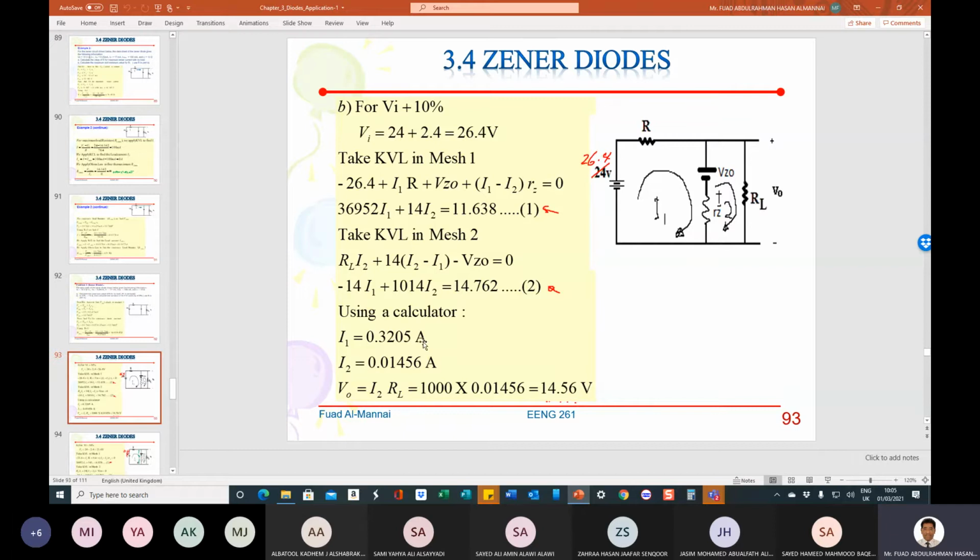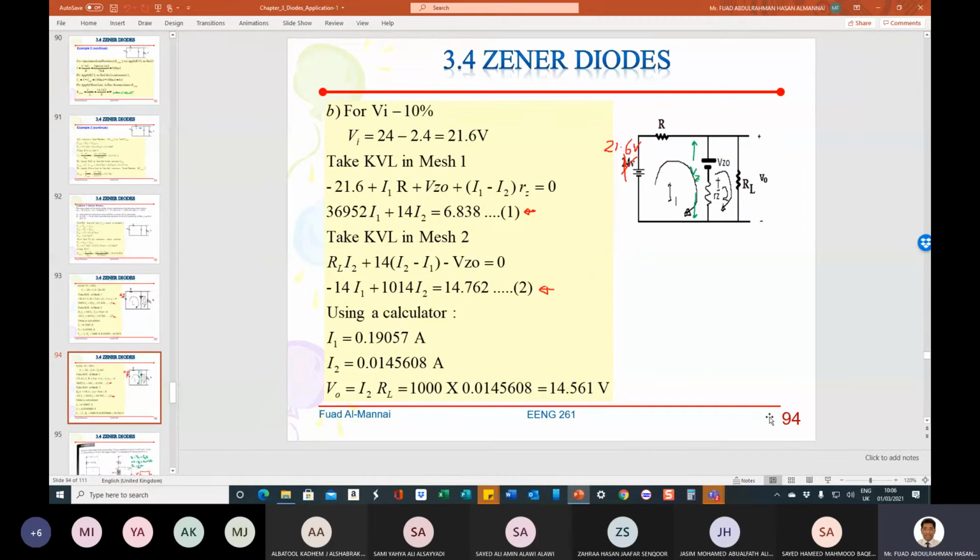We find I2, we multiply I2 by RL to find V out. We want to find the variation here. And V out will be equal to 14.56. Okay, got it? 14.56. Now, we're going to reduce the voltage by 2.4 volt.